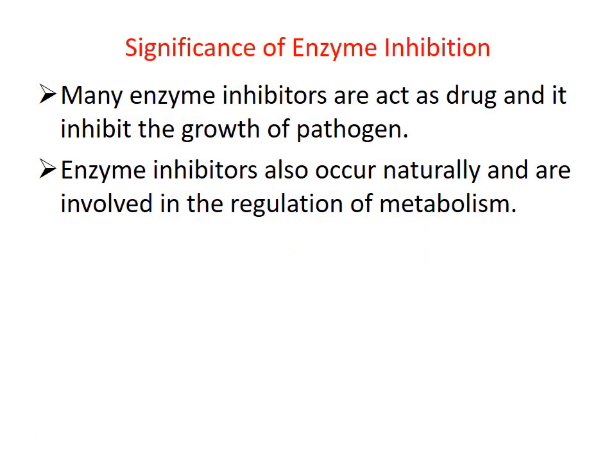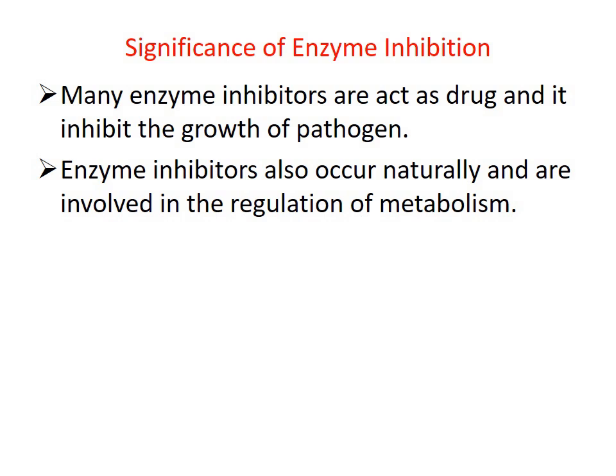What is the significance of enzyme inhibition? The most important significance of enzyme inhibition is the development of new drugs for the treatment of certain types of pathogenic infections and diseases, and to take care of mankind. Enzyme inhibitors also occur naturally and are involved in the regulation of many metabolic pathways.